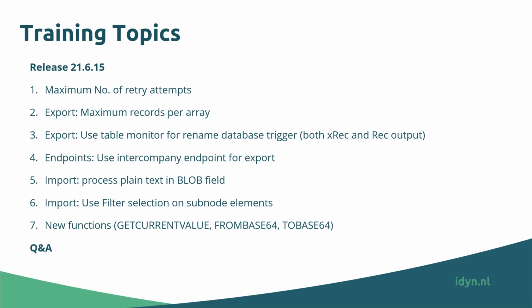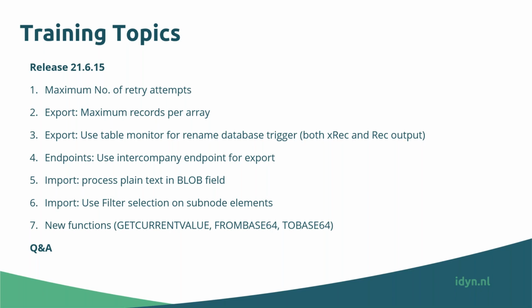In the table monitor, we added support for the rename database trigger, in such a way that we can allow both the old record or the extract output and the current or the new output.